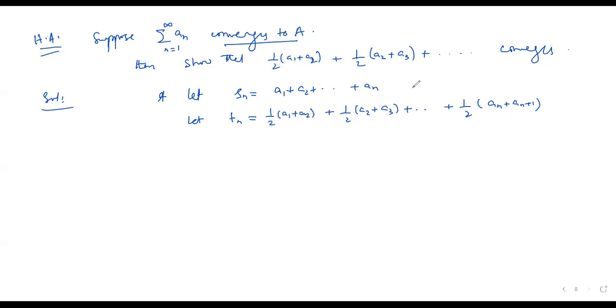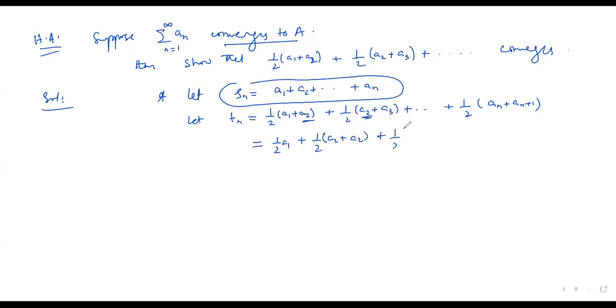We know this converges to A, this sequence of partial sums, because the series converges, that's what we mean. But if you look here, this can be written as 1 by 2 A1 plus 1 by 2 into A2 plus A2, because this A2 and this A2 get added, plus 1 by 2 into A2 plus A3, right? Plus so on and so forth.